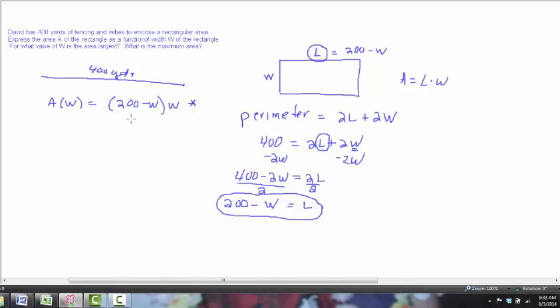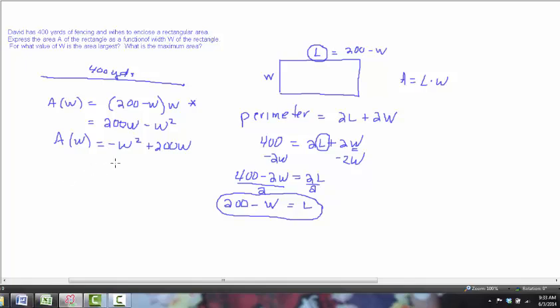Now if this was all multiplied out, what kind of function would this be? Let's multiply through that W. 200W minus W times W is W squared. So I have a quadratic function. This is A of W is equal to, I'm just going to write it with that squared term first. So there is my function.